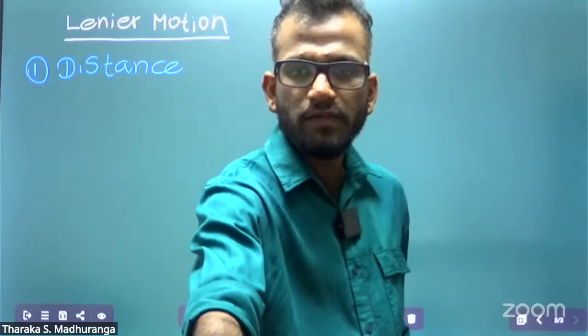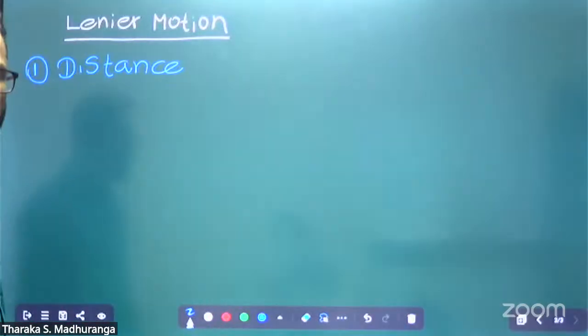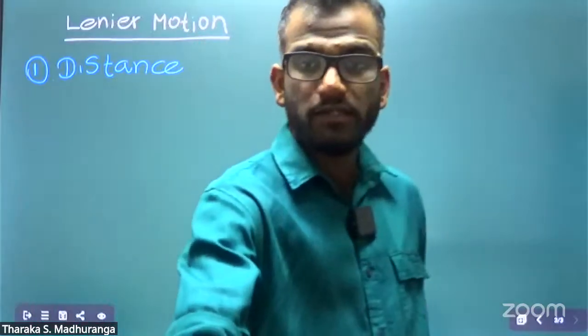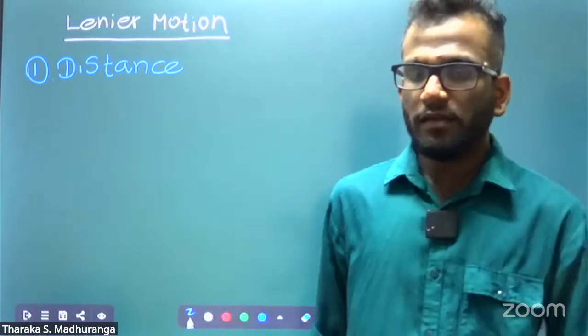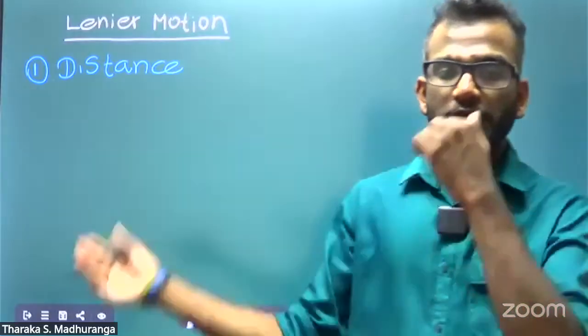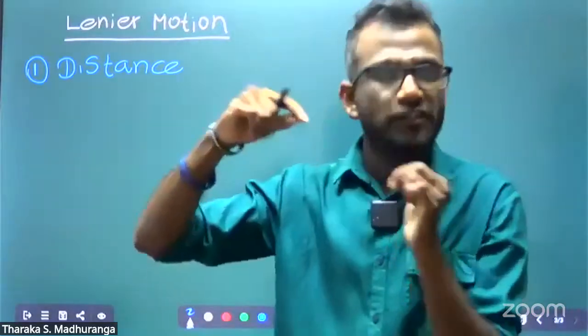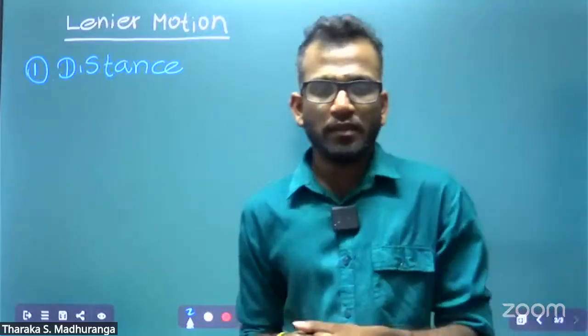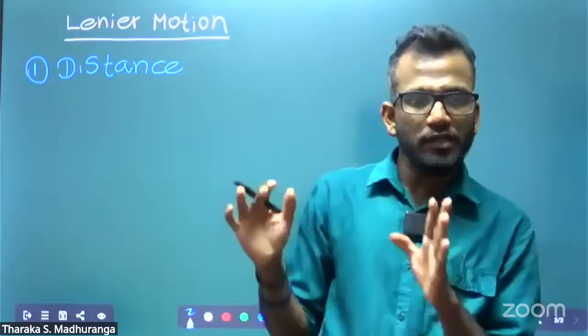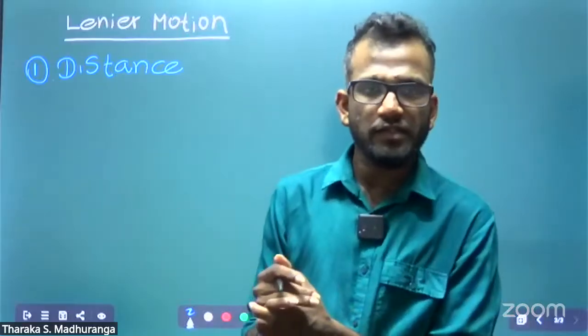Yes. Good, Fatima. Yes, all are correct. It's a scalar, right? It's a scalar because it doesn't have a specific direction. It has only magnitude. Therefore, the distance is a scalar.